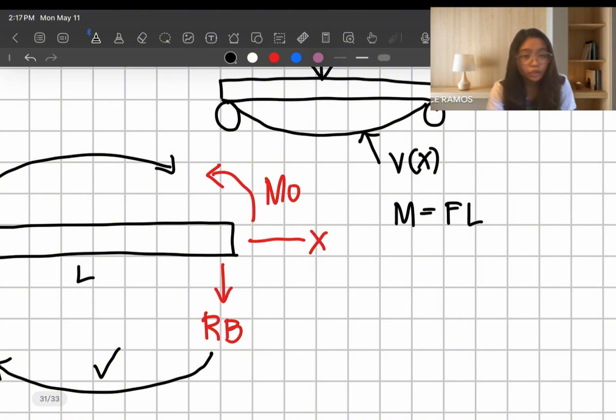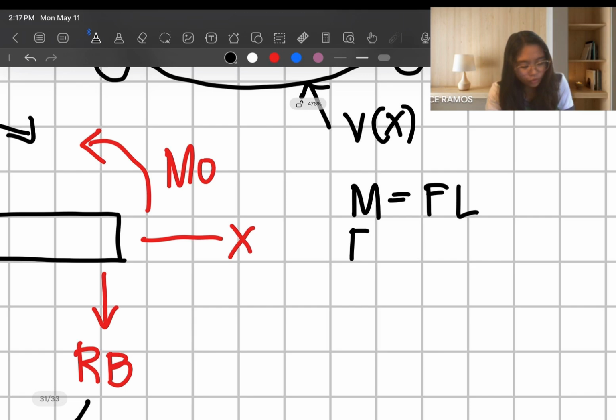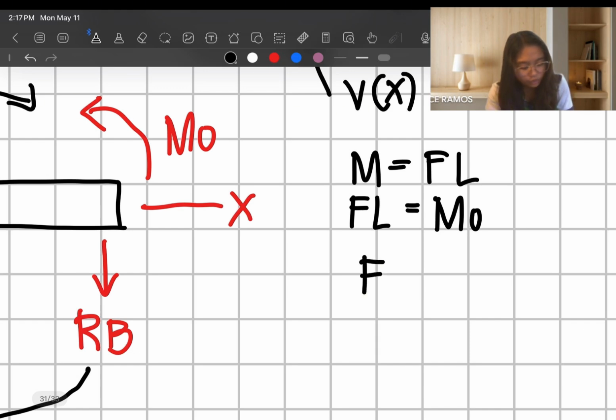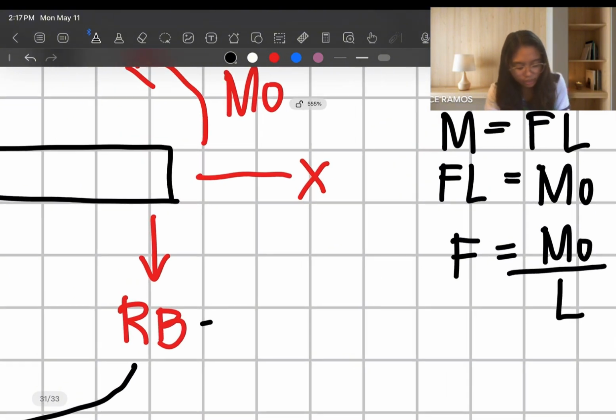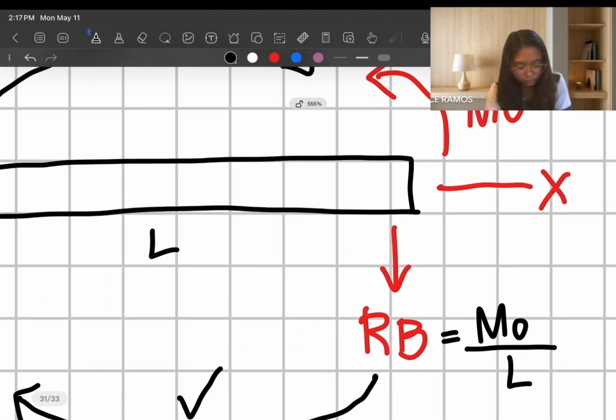So, for the beam to remain in equilibrium, the resisting moment must be equal to the applied moment. So, force times our length is equals to the applied moment. So, solving for the F, we have force equals applied moment divided by our distance. So, i-equate natin itong ating dalawang forces sa ating nakuhang sagot.